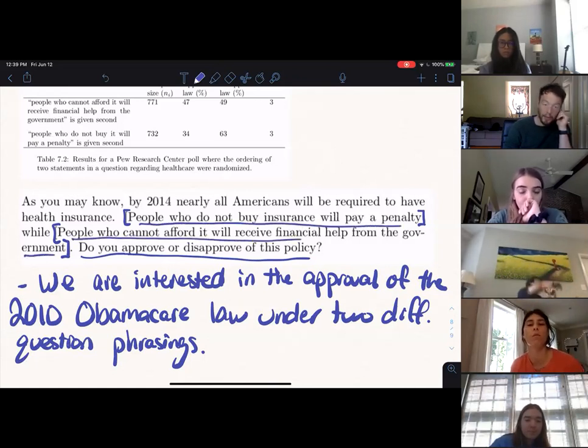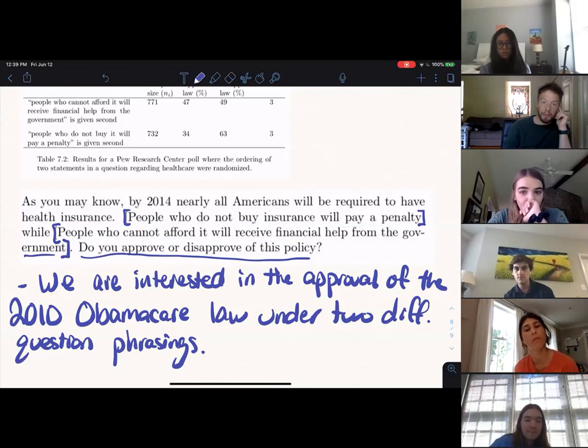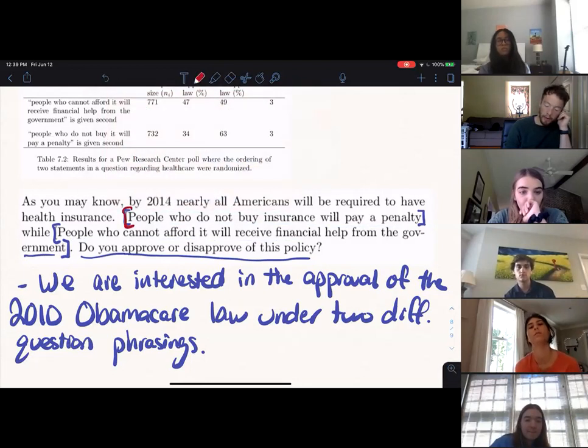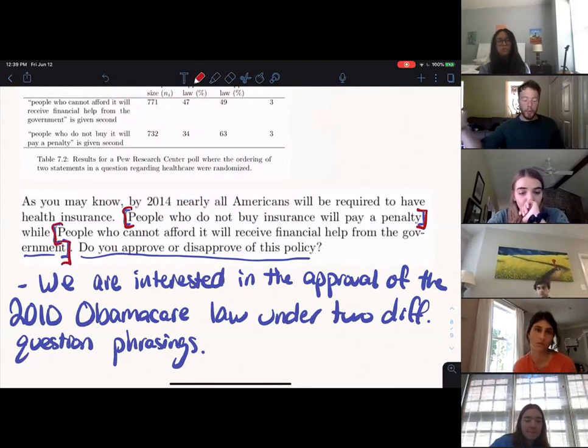So exactly how you see it. And for the second group, they swapped them. They swapped what you see in this bracket here with what you see in this bracket here. So instead they asked, people who cannot afford will receive financial aid, while people who do not buy will receive a penalty, right? Do you see how there are two different questions here?